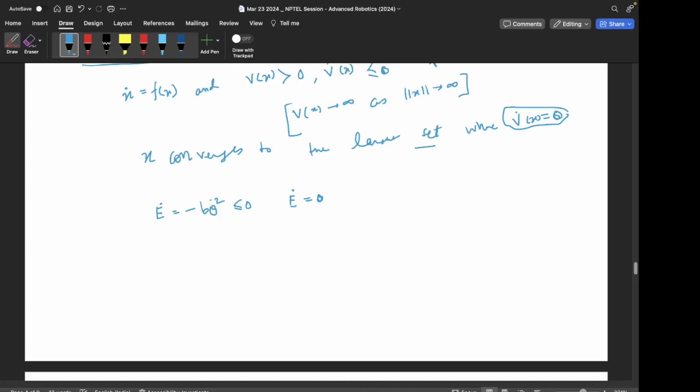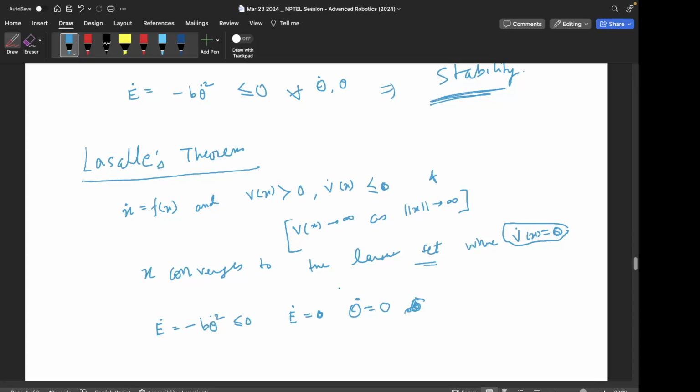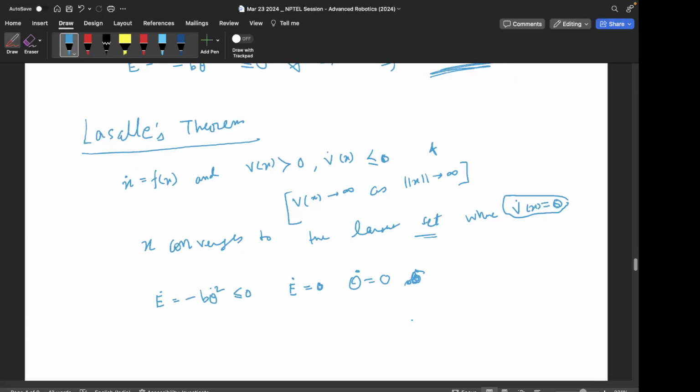So here the set is mentioned because E dot equal to 0 can be possible at more than one point, but here that point is theta equal to 0 and theta dot equal to 0, right? So for theta dot equal to 0, this will go to 0, and theta equal to 0, theta dot equal to 0.